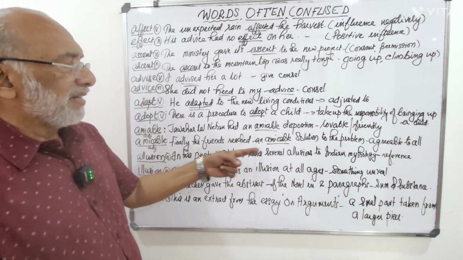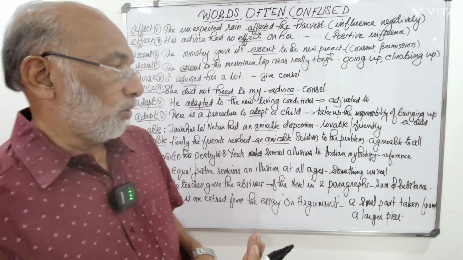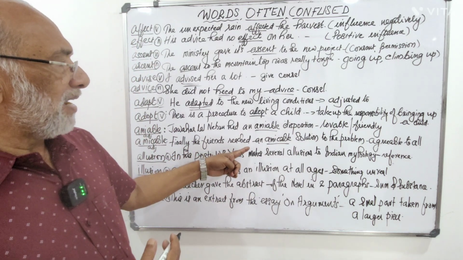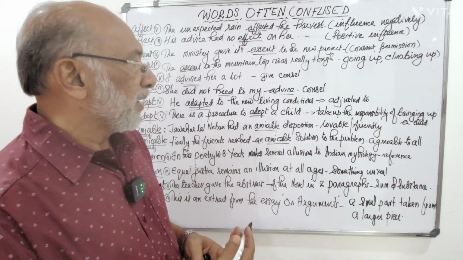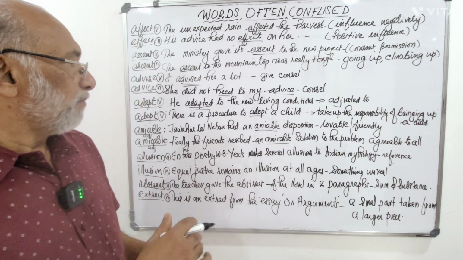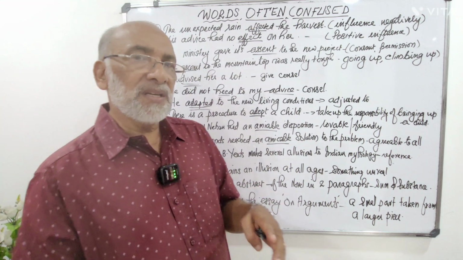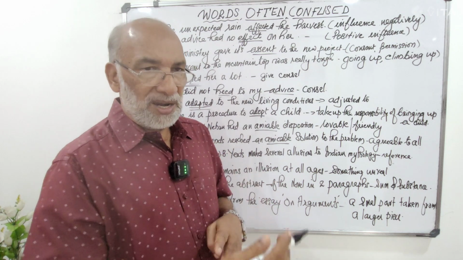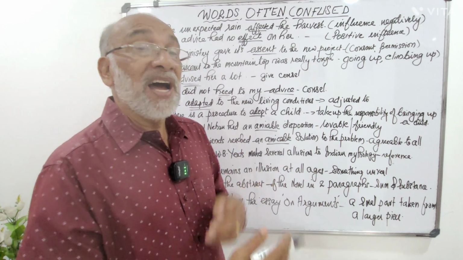Amicable generally means agreeable to all. Finally the friends reached an amicable solution to the problem. So there was a particular problem and they came to an amicable solution, a solution which is agreeable to all, without any quarrels or hot arguments.